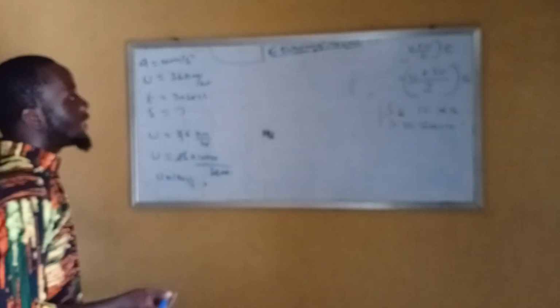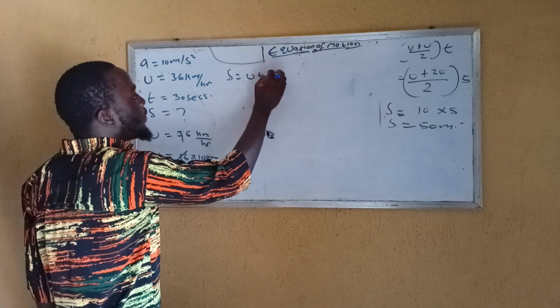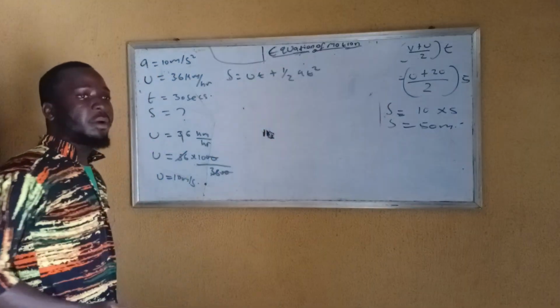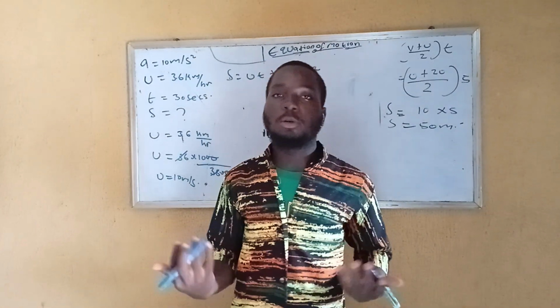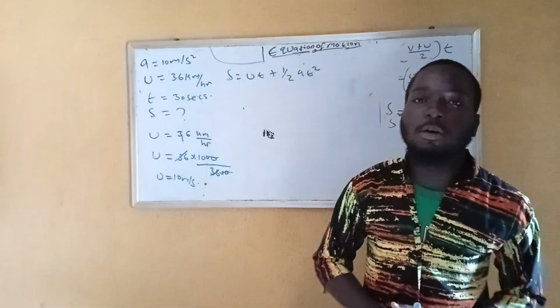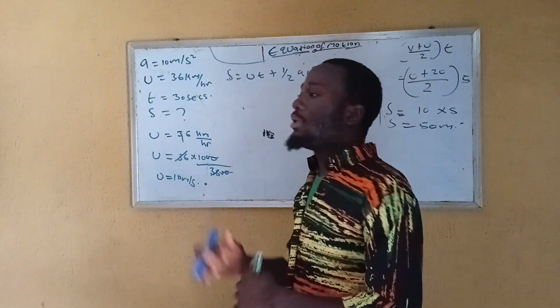I think that should be the third equation of motion. S is equal to UT plus 1 over 2 AT squared. You might be wondering, why wouldn't I use my normal formula that I've been using, that S is equal to V plus U over 2, everything multiplied by T? If you check this question very well, there is no final velocity V. That's why I choose to use the third equation of motion.